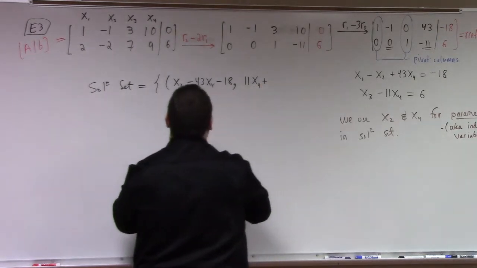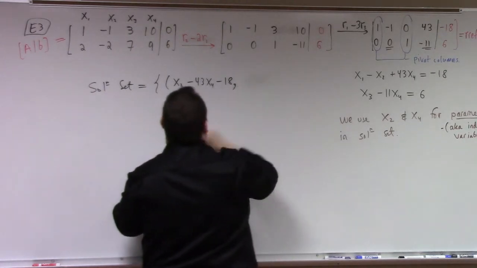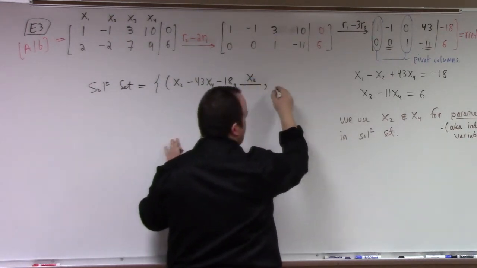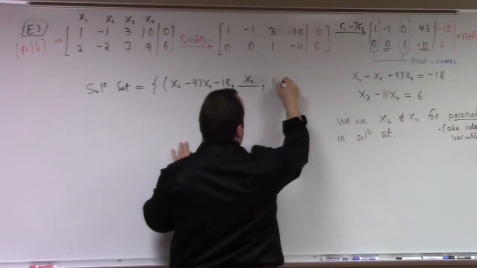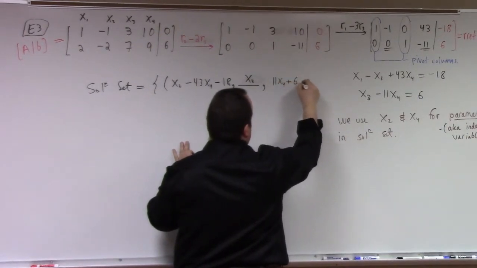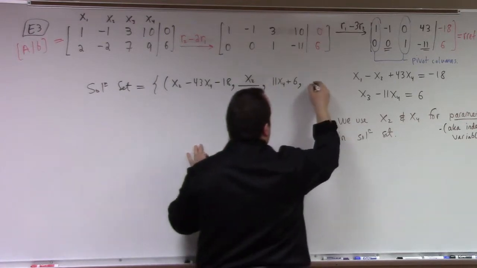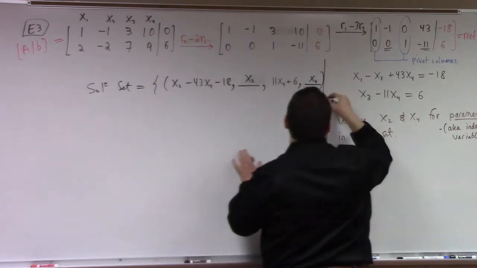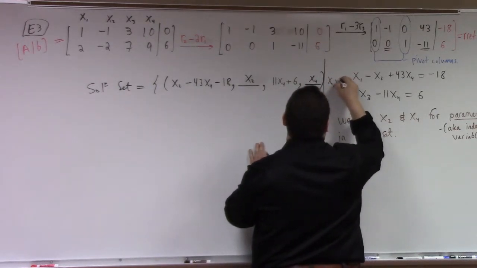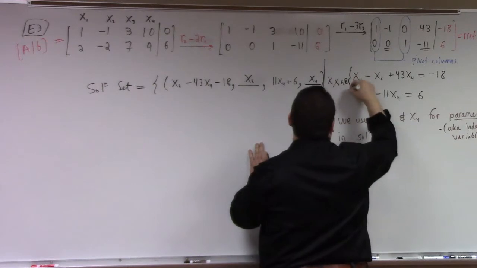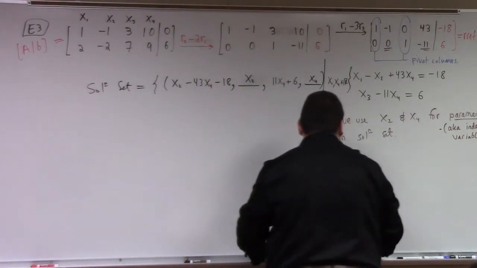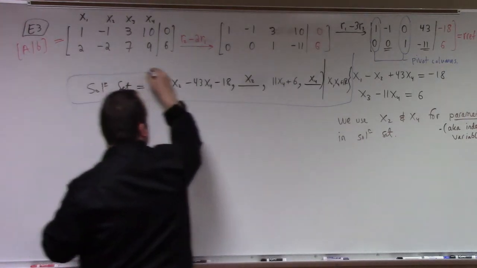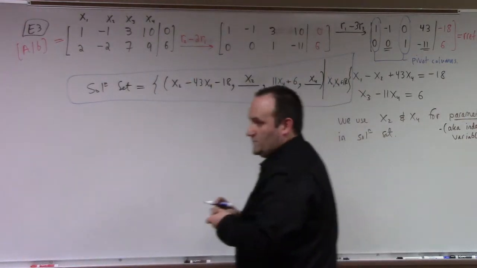Ooh, I can't do math. Oopsie. What is this? This is the second one, right? So what goes in there? Yeah, x2, kind of anticlimactic, but there it is. And then x3 is 11 x4 plus 6. And then what's x4 equal to? Well, it's equal to x4. What do you know? Okay, such that x2 and x4 are real numbers. Sorry, I got kind of cramped here due to my extravagant typesetting in the previous part of the solution set. Poor planning on my part, but there's the solution set.